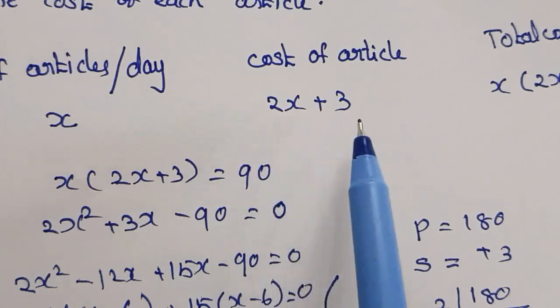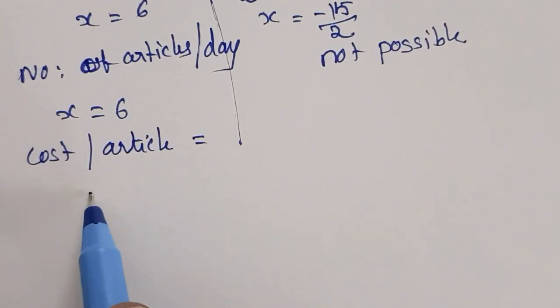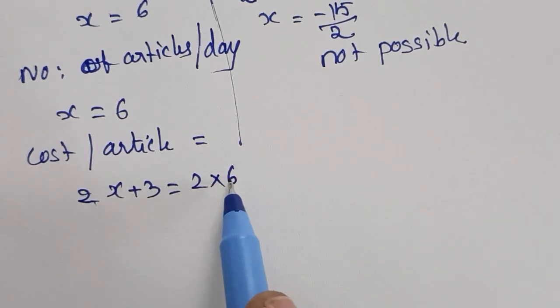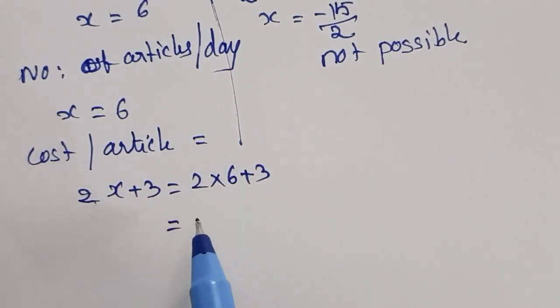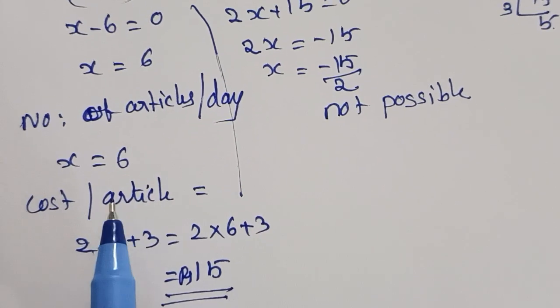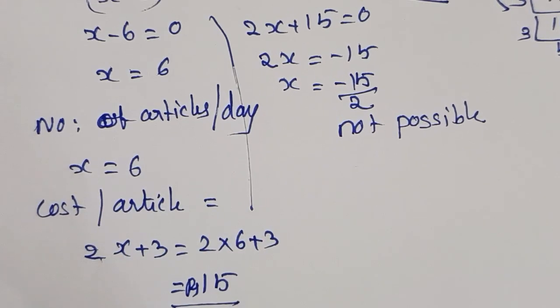So substituting, we get 2x plus 3 equal to 2 into 6 plus 3, 12 plus 3 equal to 15. So it is rupees 15. Cost per article equal to 15 and number of articles equal to 6. Okay. Thank you.